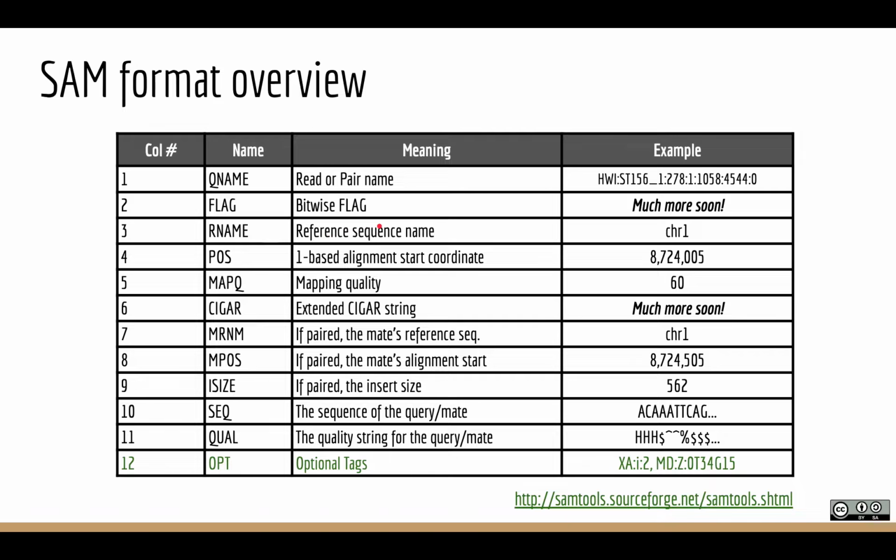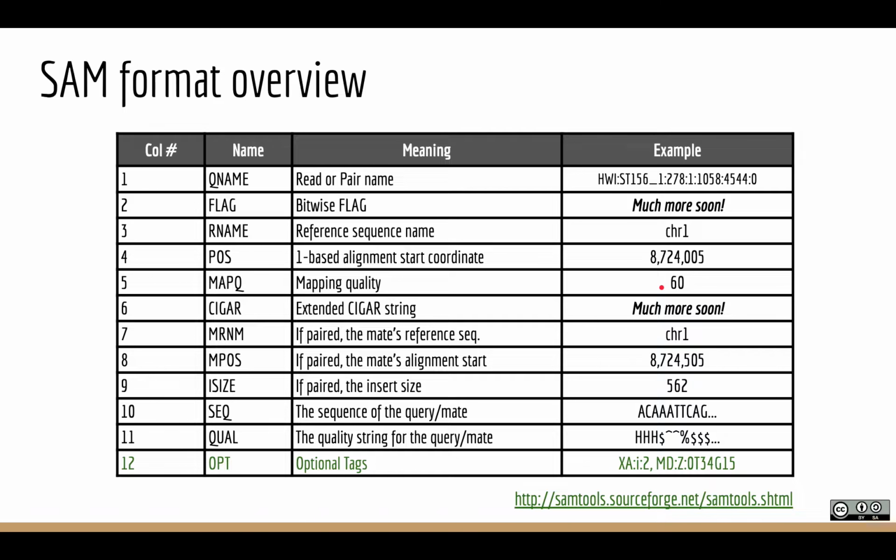As Sarah mentioned, we might want to know the location. So column 3 tells us what chromosome each sequence aligned to. In this case, this sequence HWA blah blah blah aligned to chromosome 1, and it aligns starting at position 8,724,005. Okay.